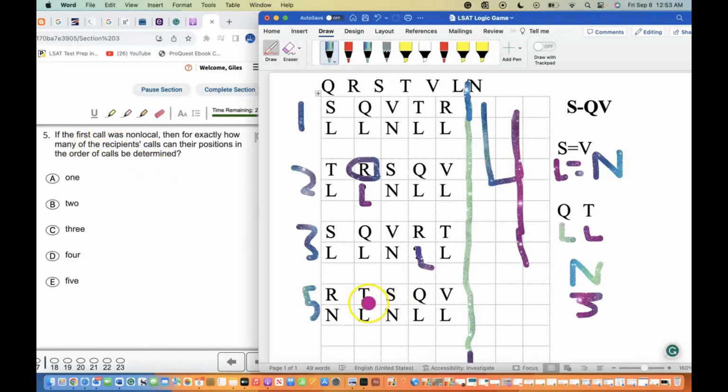So for representatives, if the first call is non-local, I guess Q and V are going to be in place, and so is S. But for representatives, I'm only going to have 3, only because of the positioning 1, 2, and 3.